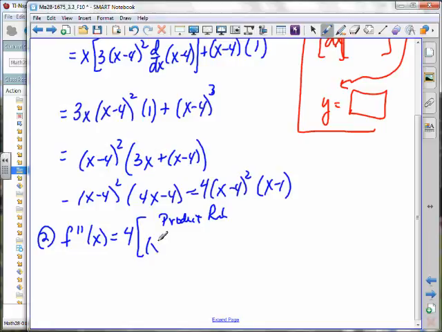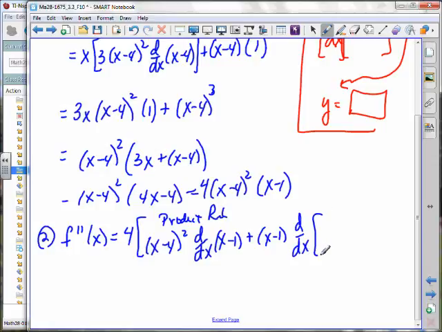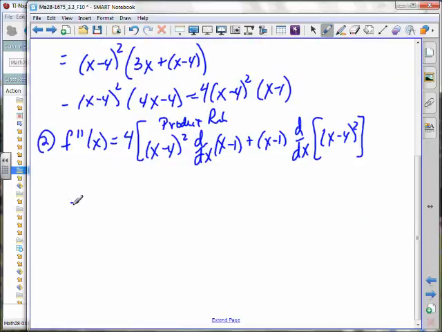So I have the first factor times the derivative with respect to x of the second factor, plus the second factor times the derivative with respect to x of the first factor. And I guess, you know what, I'm going to take that out of there.